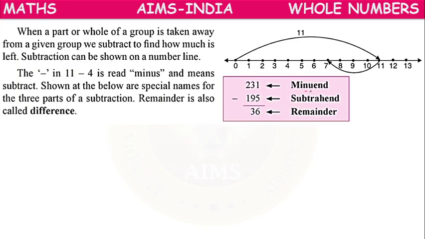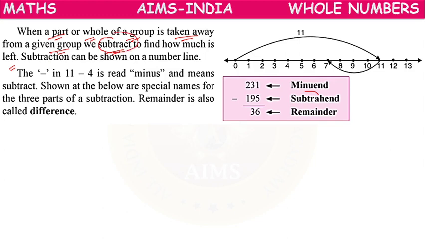So here, when a part or whole of a group is taken away from the given group, we subtract to find how much is left. Means, in what cases do we make use of subtraction?